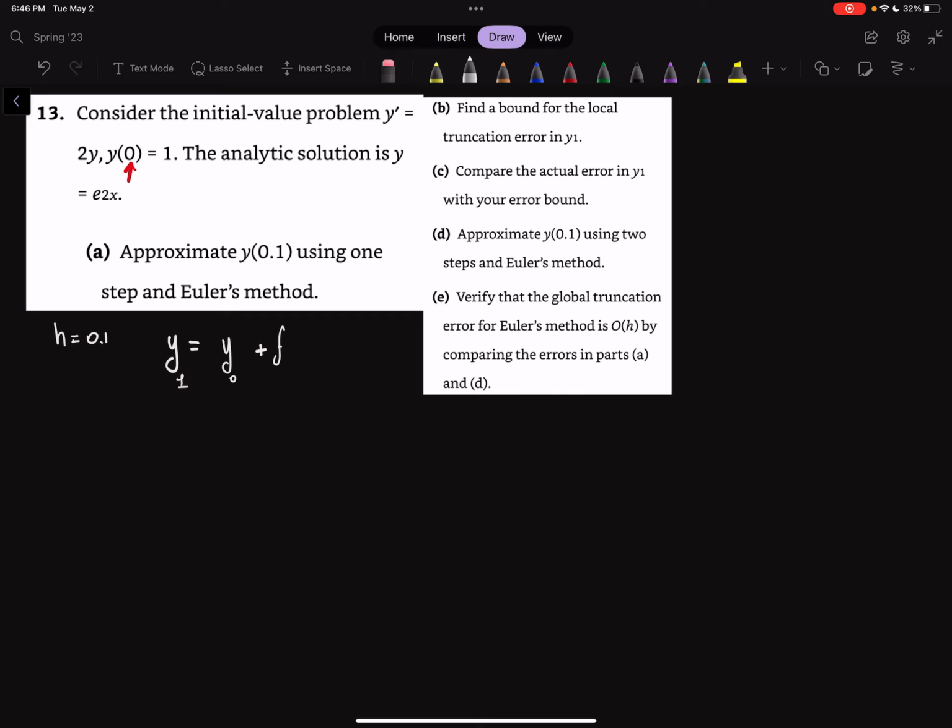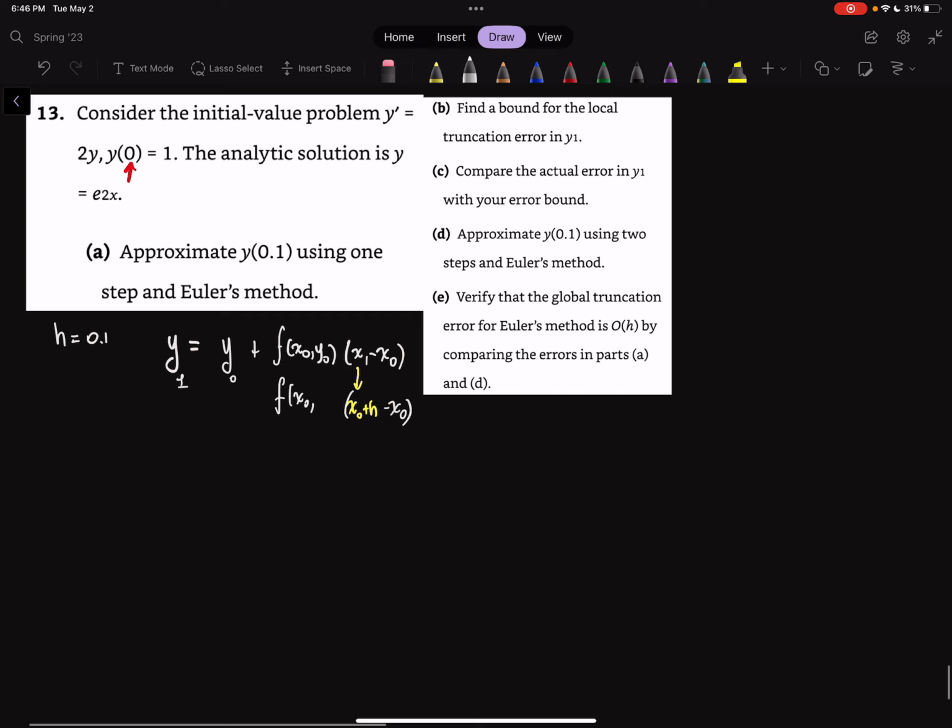So this is f of x0, y0 times h, which is our step. Well, actually the step comes from a different place, plus x1 minus x0. Now, this x1 is really x0 plus h. So then we have our minus x0 here.